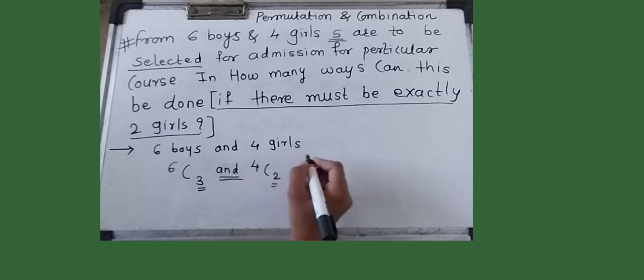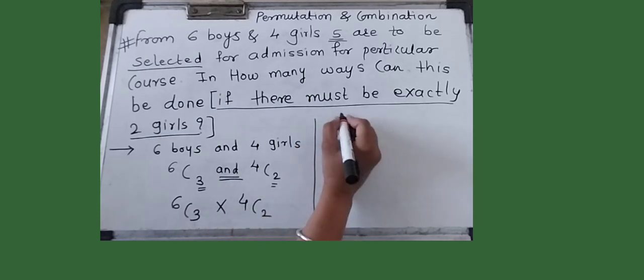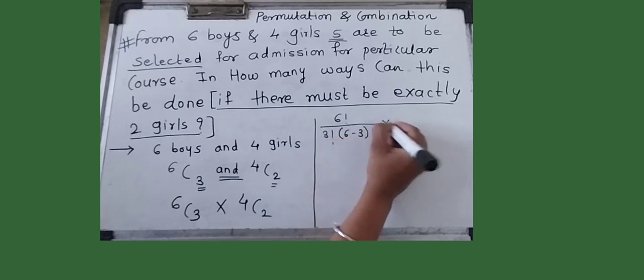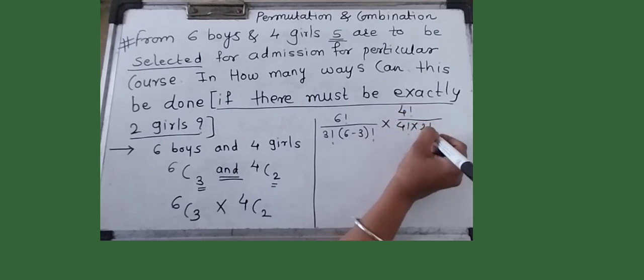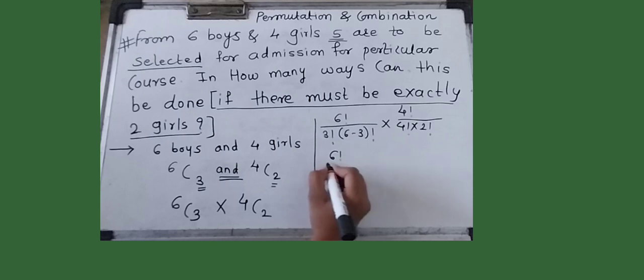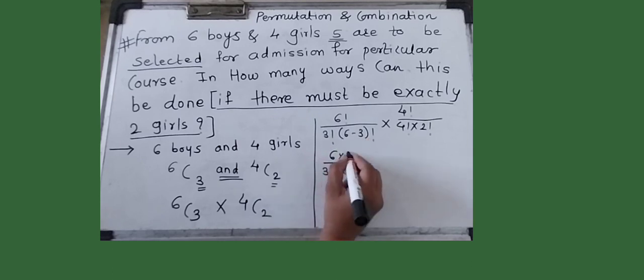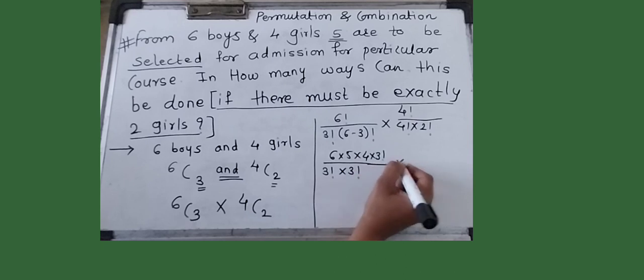Solve this. And is used, so I write here 6C3 into 4C2. 6 factorial upon 3 factorial into (6 minus 3) factorial, into 4 factorial upon 4 factorial into 2 factorial. Here 6 factorial expands to 5 into 4 into 3 factorial, and 3 factorial cancels with 3 factorial.